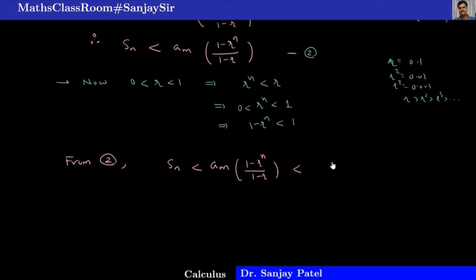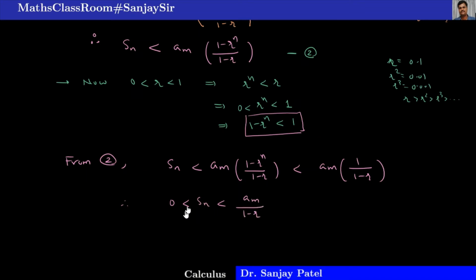Now I can write this less than a_m into 1 upon 1 minus r, because of this inequality, 1 minus r raised to n is less than 1. Now r is a fixed number, 1 minus r is also some constant, and a_m is positive. So this is some positive number, and what we have proved is that 0 is less than S_n is less than this constant a_m upon 1 minus r.